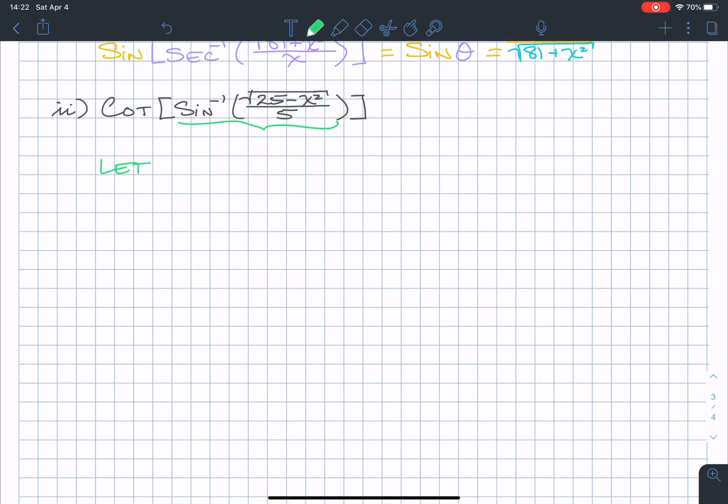So let theta be inverse sine of the square root of 25 minus x squared all over 5, which is the same thing as saying sine of theta, regular sine, will be the square root of 25 minus x squared all over 5.